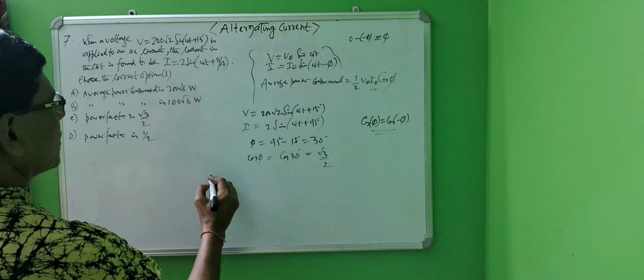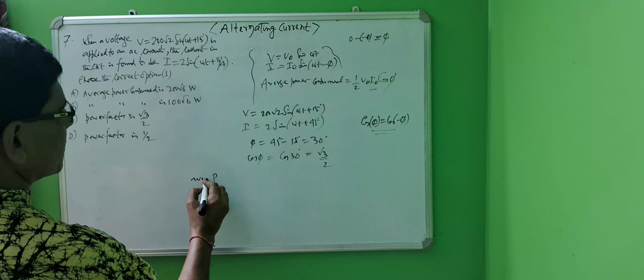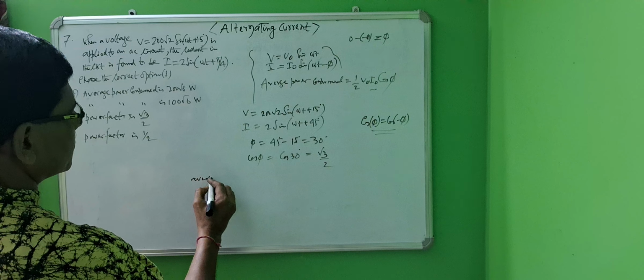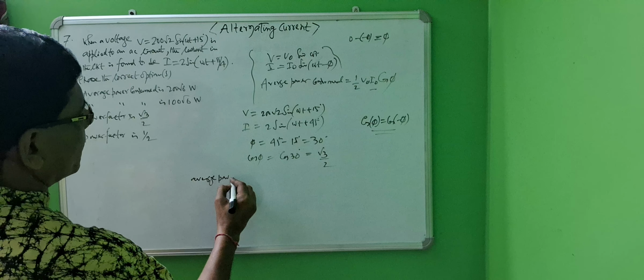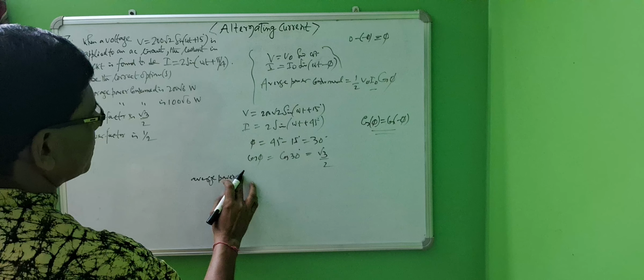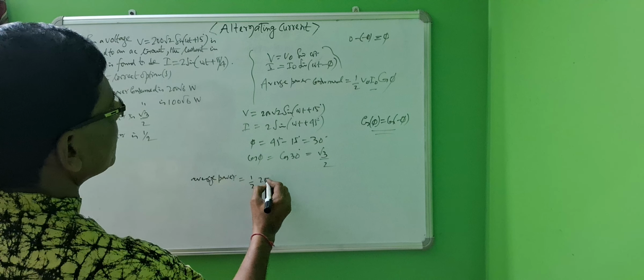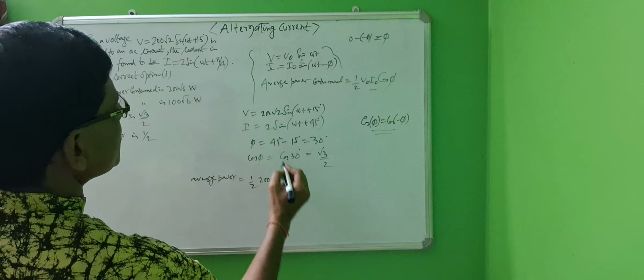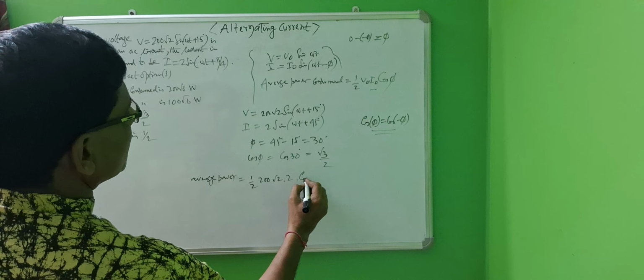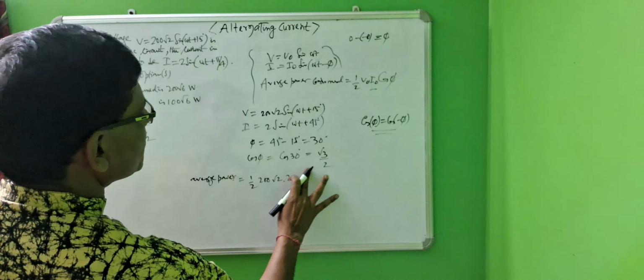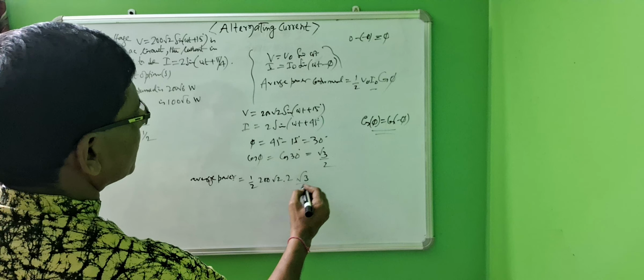So average power equals half V0, meaning 200 root 2, I0 meaning 2, cos phi meaning root 3 by 2.